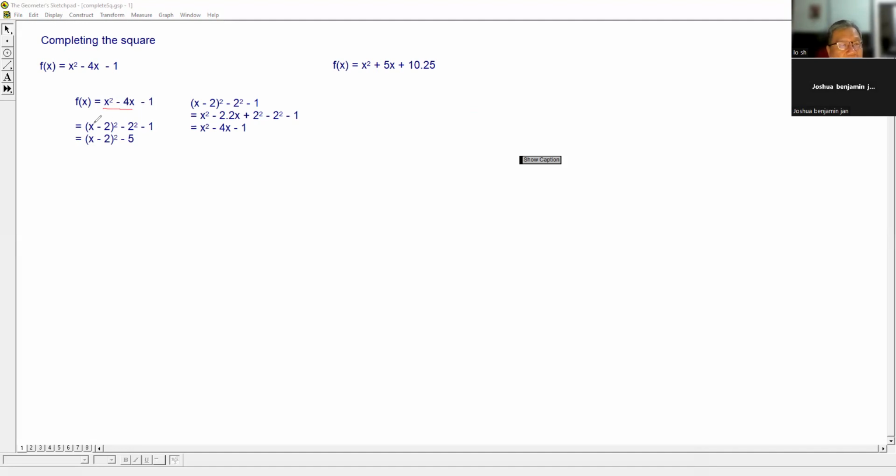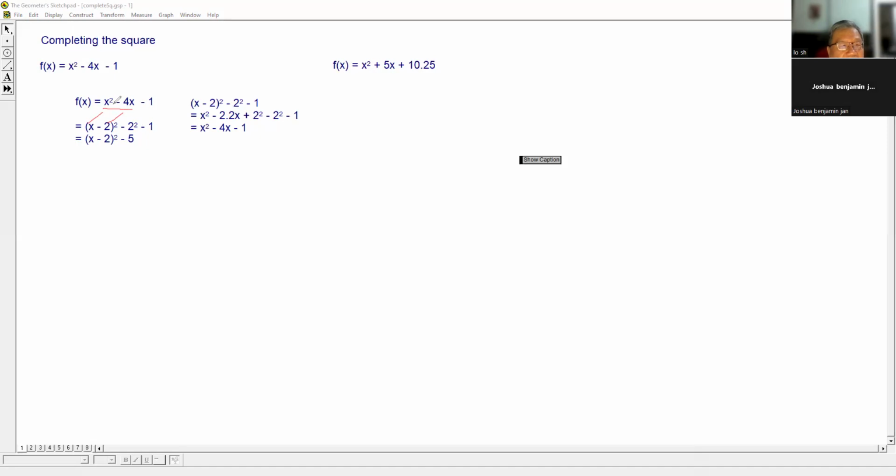Now, how to change? You write down bracket, put a bracket there. The x, you write down x squared, you write down x. Here it is -4. -4, you divide by 2. Then it is -2. So this becomes this. You put them inside a bracket, then you put a square there.